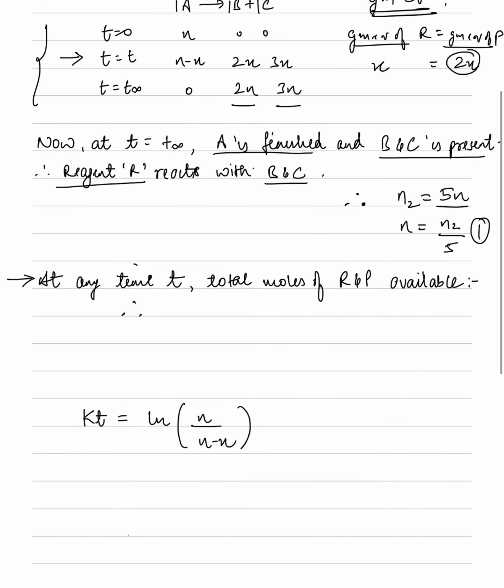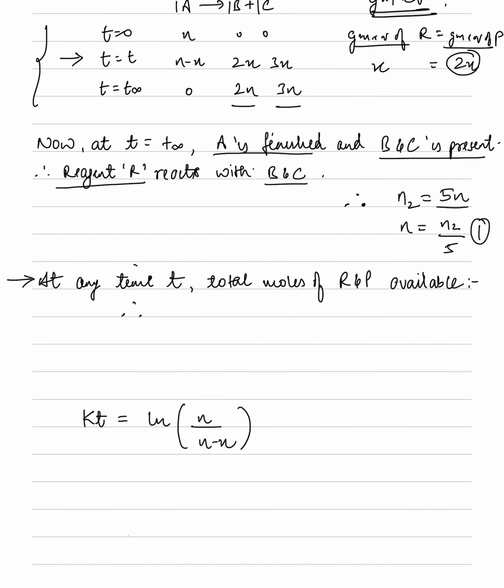Now the second equation. At any time t, what is happening? The total number of moles of reactant and product available, how many are there? At any time t, we have n minus x plus 2x plus 3x. This is the total available at any time t, right? And for these, how many moles of reagent are required?